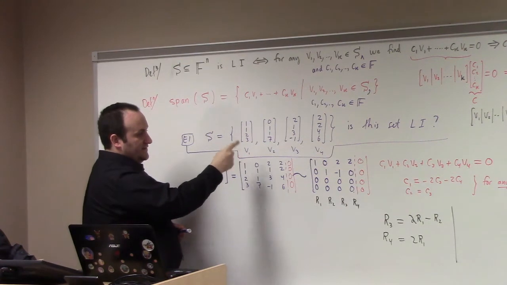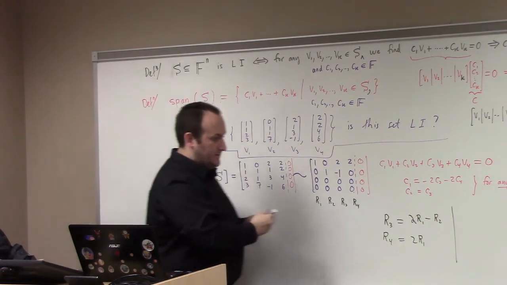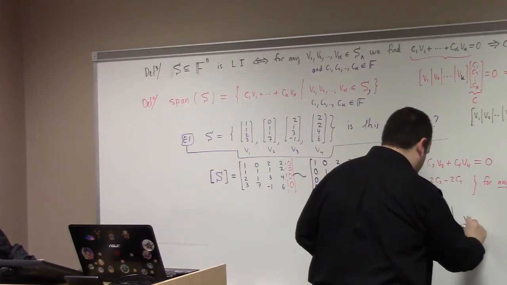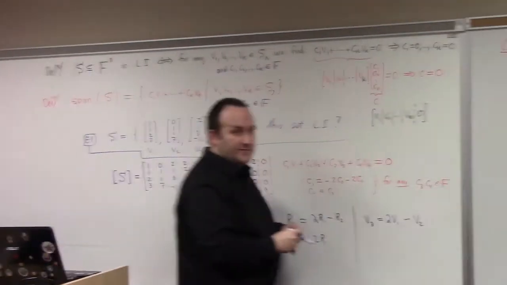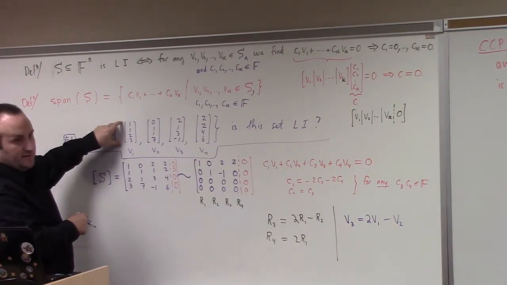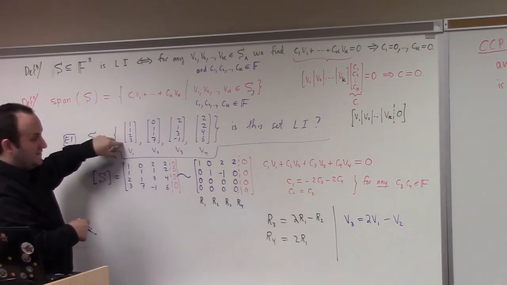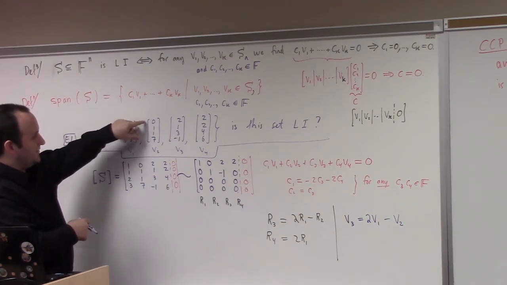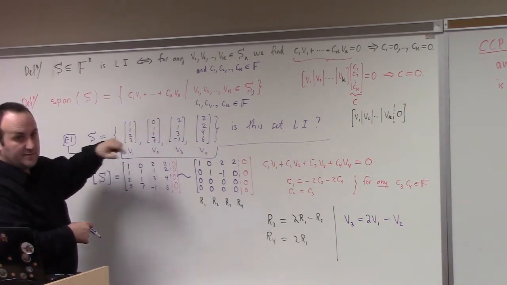We can also say that V3 is 2 times V1 minus V2. And you see that's a non-trivial observation, right? If you take 2 times V1, what do you get? You get 2, 2, 4, 6. 2, 2, 4, 6 minus 0, 1, 1, 7 gives us 2, 1, 3, minus 1.